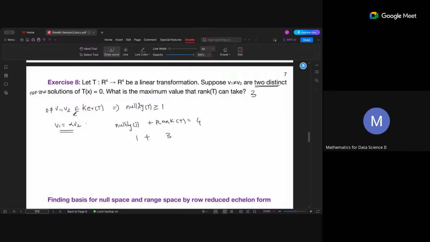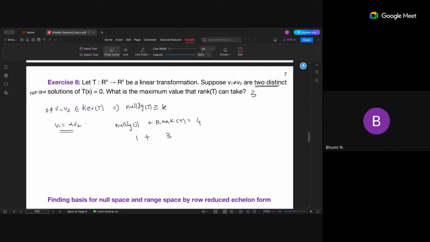Because see, kernel has V1 and V2, both are there in the kernel. Now suppose V1 equals alpha V2; in that case, both contribute to one vector in the basis of the kernel. Both vectors cannot be there in the basis of the kernel. In that case, the nullity should be minimum 1.